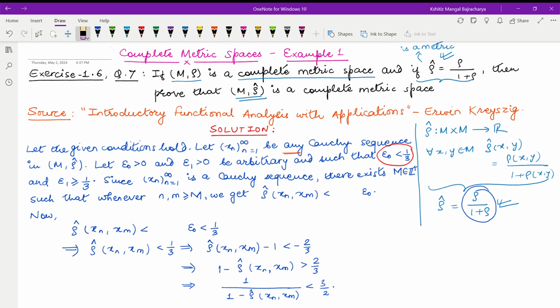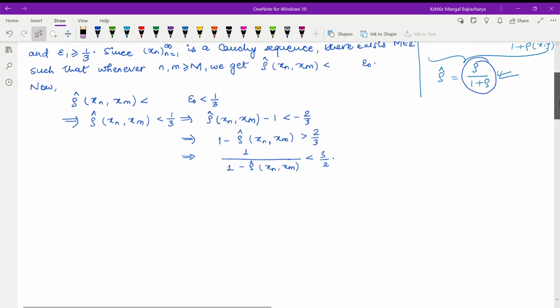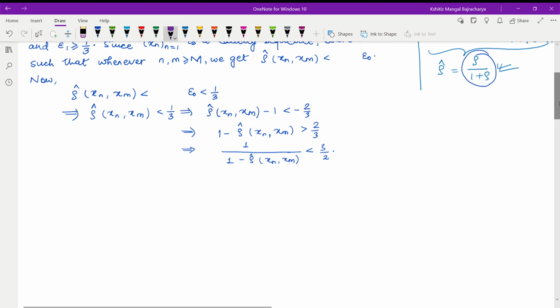Now we want this inequality. We are choosing some number less than 1 initially to make sure that we get this to be positive.